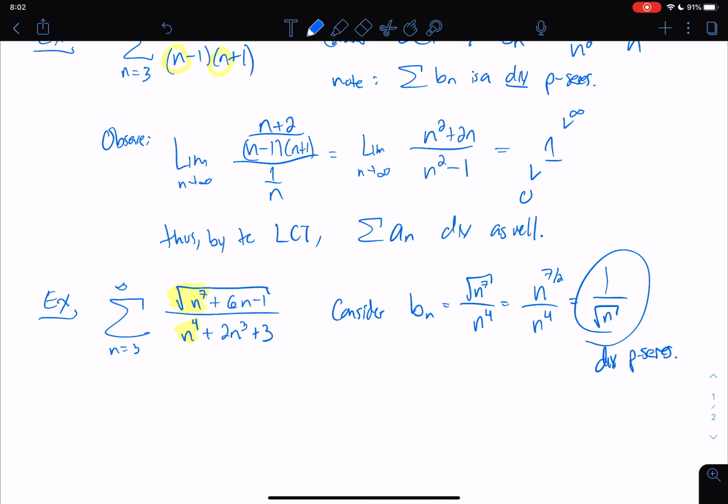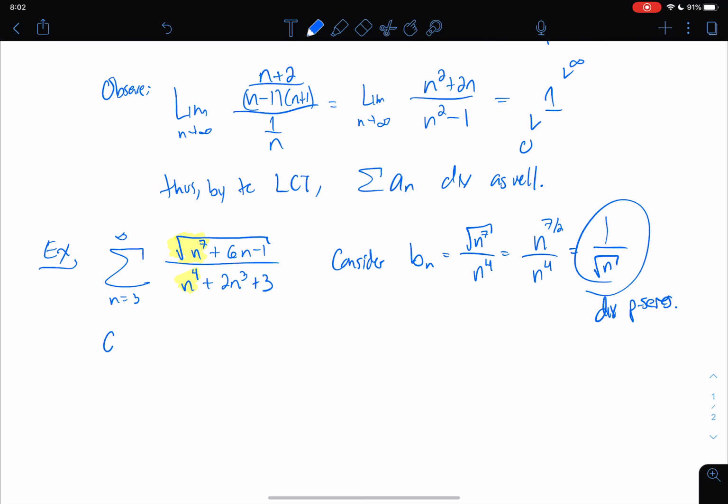And so what happens here is, again, we're going to take a look at the limit as n goes to infinity. Maybe I should be a little more careful as I write this. What we want to say is note that the sum of the b sub n is a divergent p-series.